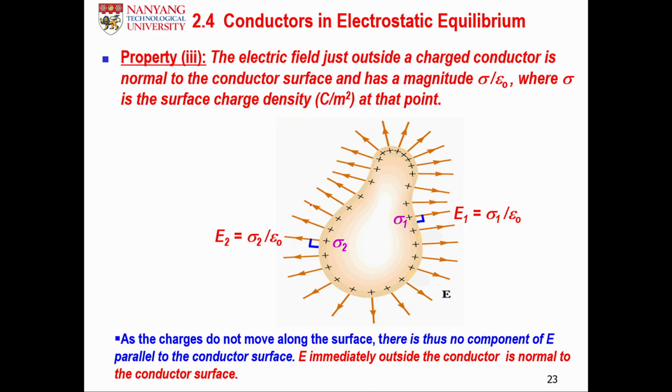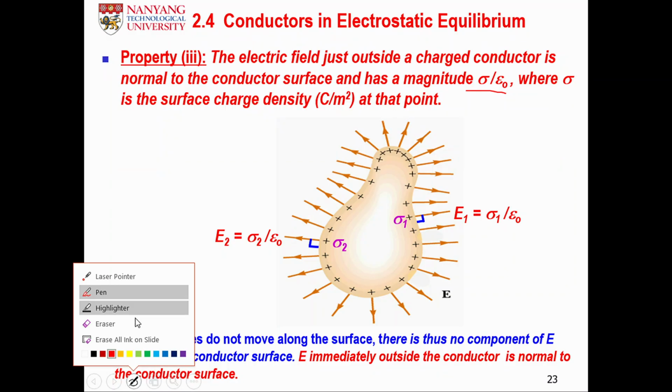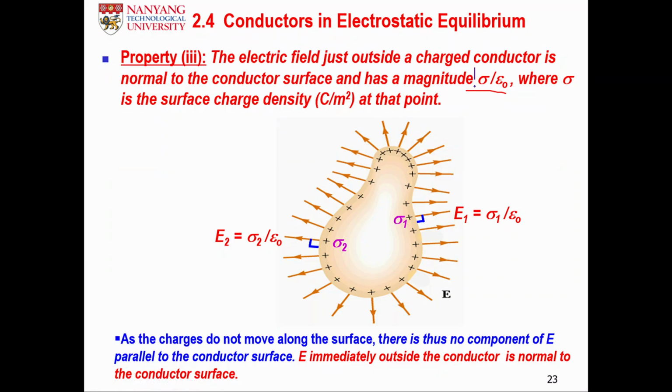And the third property is about the magnitude of the electrical field. It tells you the electrical field outside a charged conductor is given by sigma over epsilon naught, and this sigma is the surface charge density.